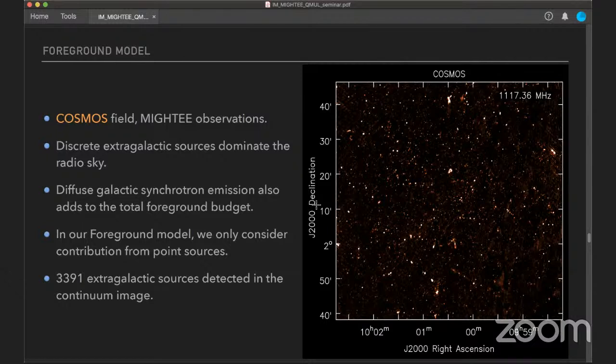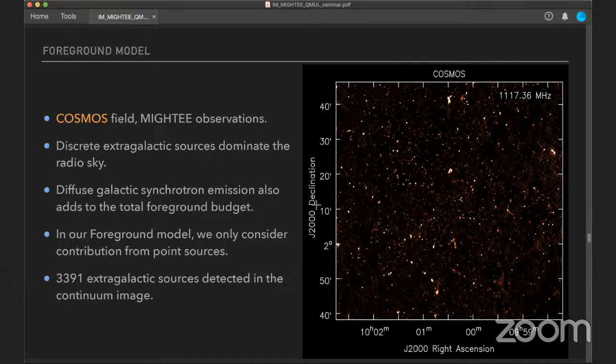But we expect to see it after we fully subtract the point sources, and then probably we can see the diffuse galactic component. Therefore, as the first iteration in our foreground model, we are only considering the contribution from the bright point sources. At the moment, we are not putting the contribution from the galactic synchrotron emission in our total foreground model.